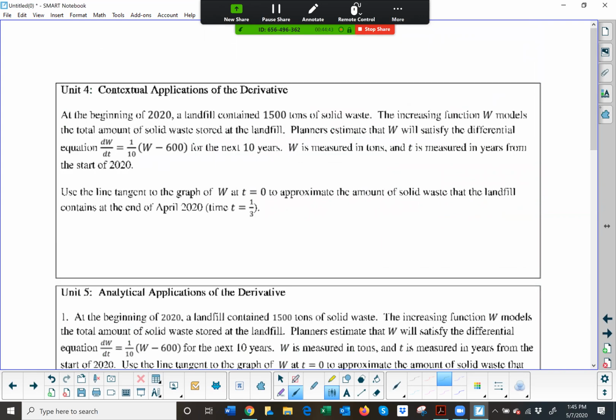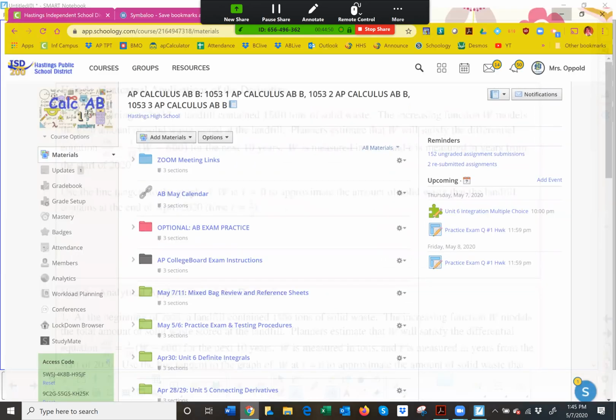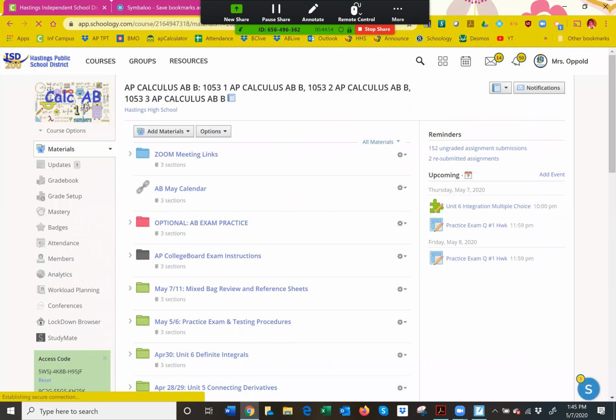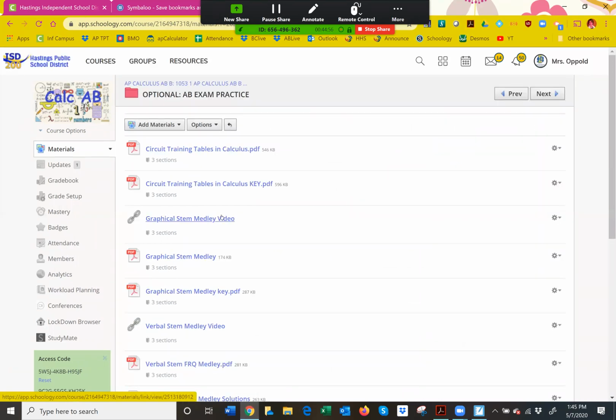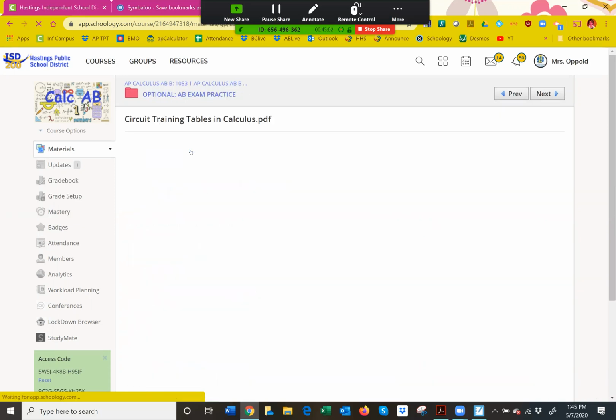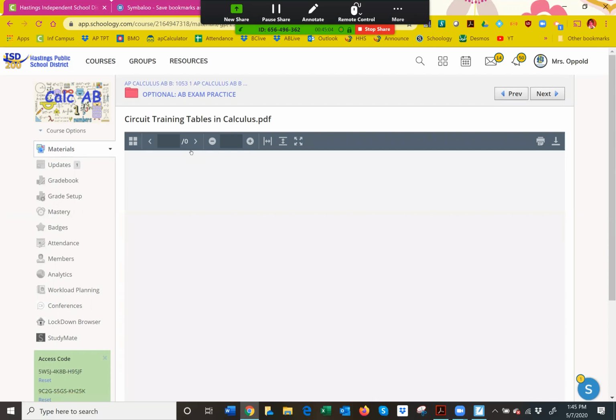Are there other questions, or have you done any other reviews that you want help on or explanations for? There are loads of problem sets in that optional folder to look at. I know I've done this circuit training one. I think that was a pretty decent little review too, where it's one of those circuit problems.